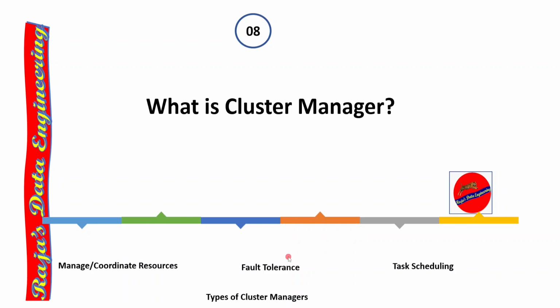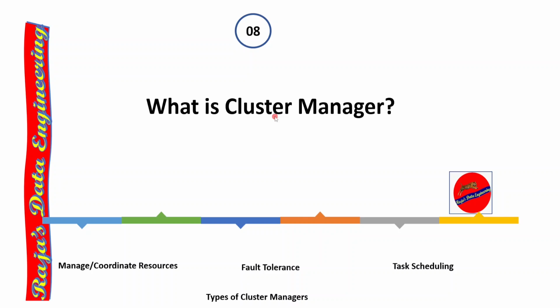And the cluster manager is responsible for fault tolerance, because whenever a particular node is dead, the cluster manager will keep on sending heartbeat signals to all the worker nodes, and if there is no response from one of the worker nodes, it means it's dead. Then the cluster manager is responsible to replace that worker node, and also it will recreate the partitions that were stored within that particular node.